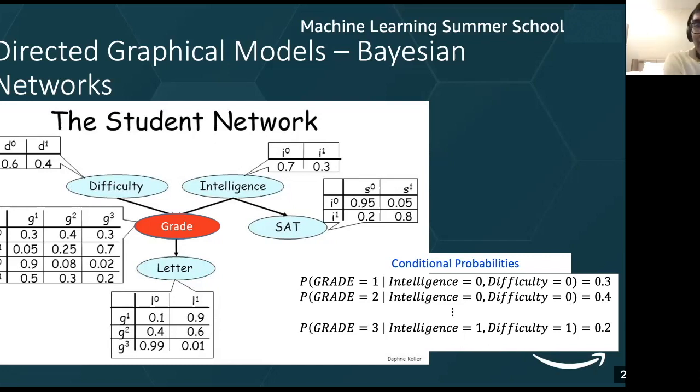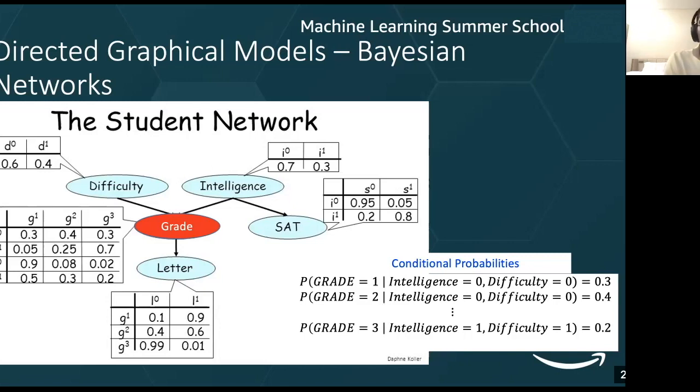So again, to take an intuitive example, if you can read off this table, what you would likely infer is the probability of the grade being poor, which is G1, given that the student is not intelligent, as well as the test is not difficult. In this case, it happens to be 0.3.